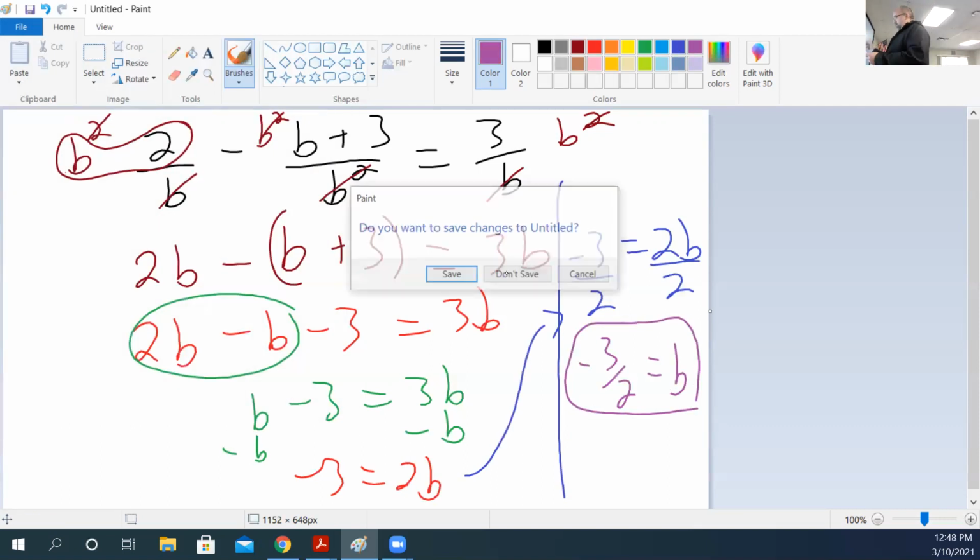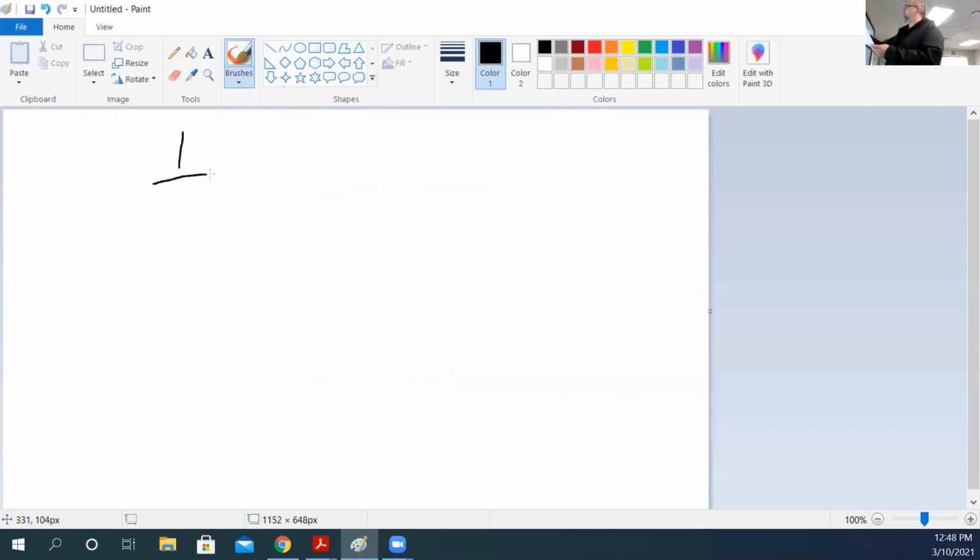All right, last example: 1 over n plus 1 over 4 equals 1 over 4n. The common denominator that all of them share is 4n, so I'm going to multiply all of them by 4n.